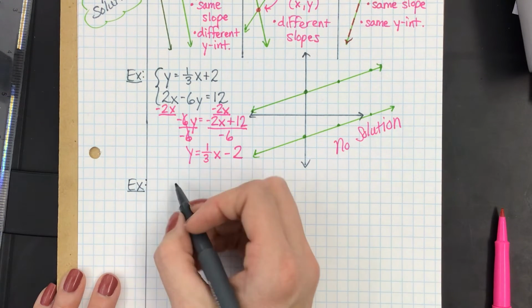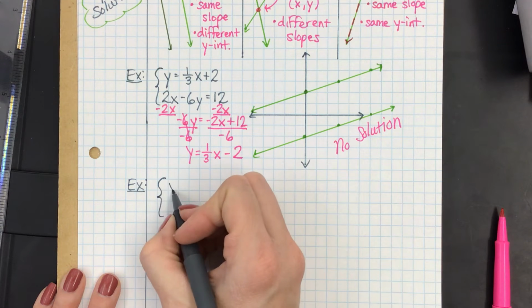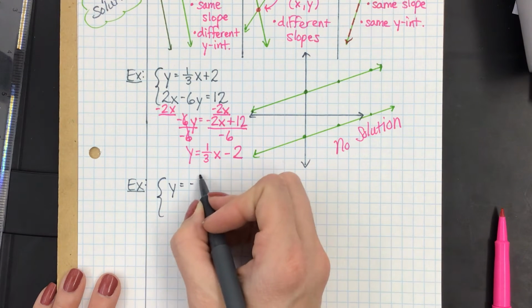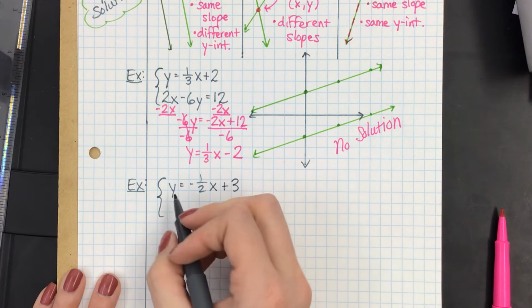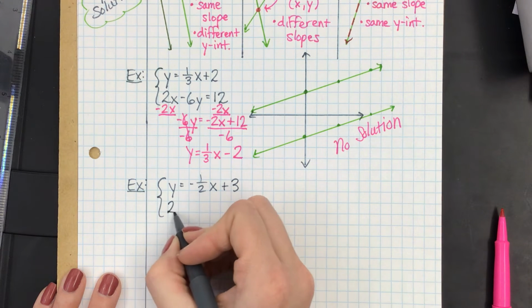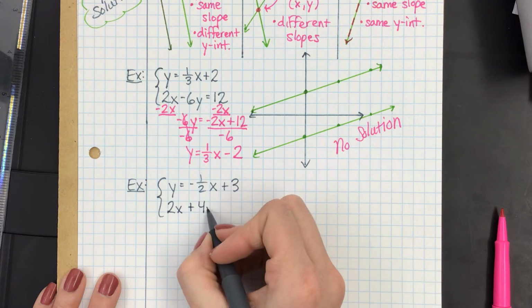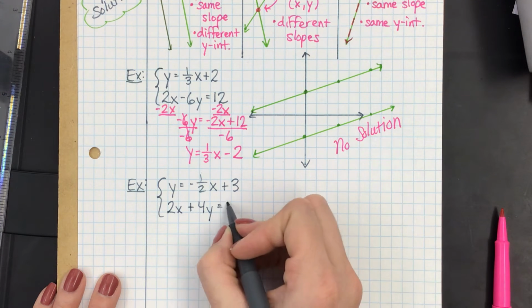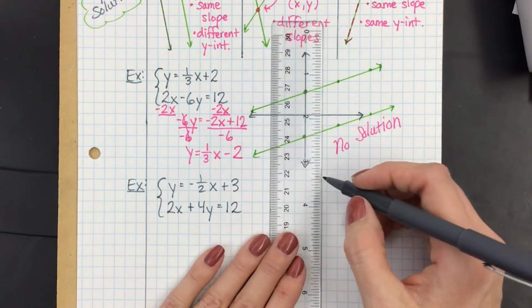Okay, let's do another example, which I'm sure you can guess what kind of example we're going to do, but let's do it anyways, just so that we have some stuff in your notes for you to look back on. I'm going to set up my coordinate plane.